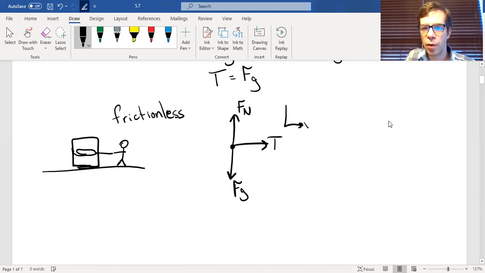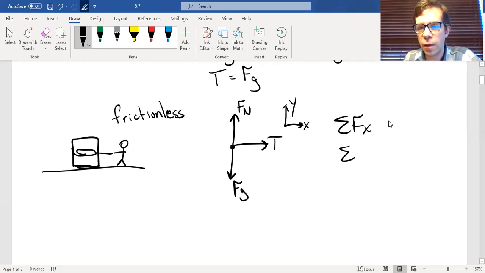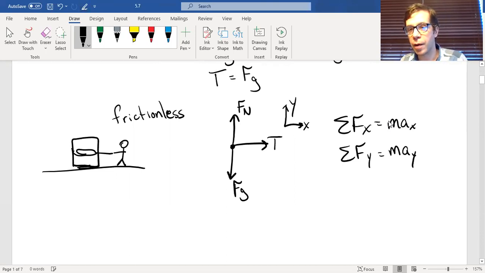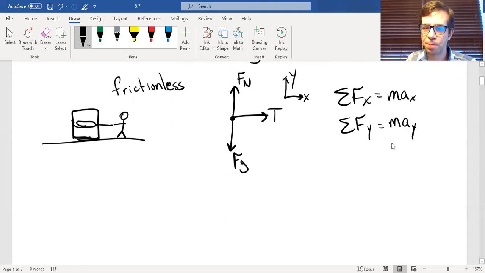I'll choose a standard coordinate axis again. And if we want to find our equations of motion for this case, well, we're going to need a sum of forces in the x and a sum of forces in the y direction. Both of those are going to be equal to the x and y component respectively of acceleration times the mass.